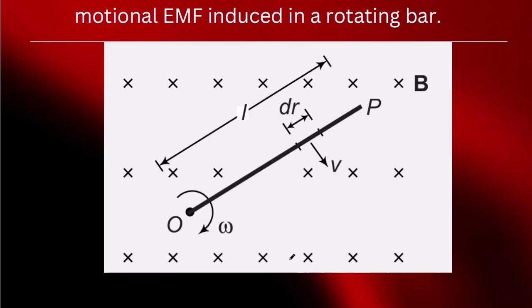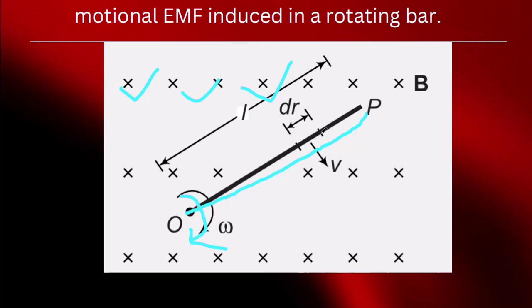Now there is motional EMF induced in a rotating bar. This bar OP of length L is rotating with angular velocity omega in this magnetic field, right?